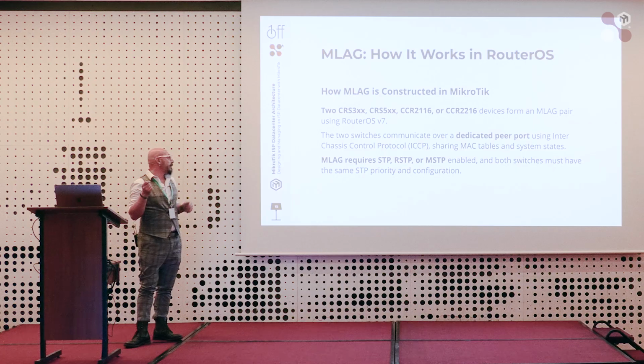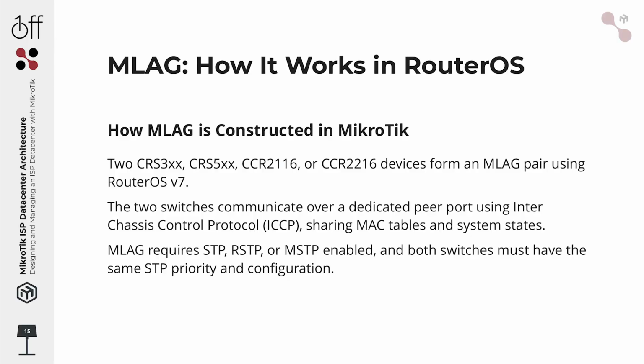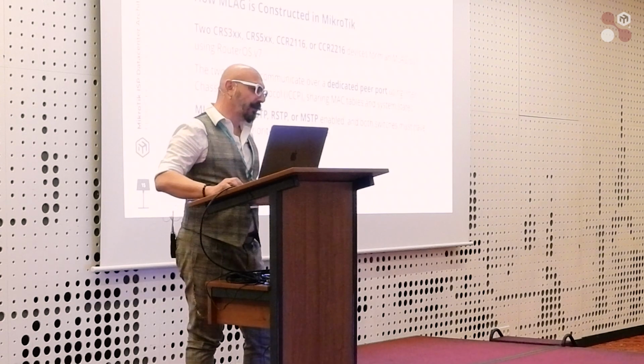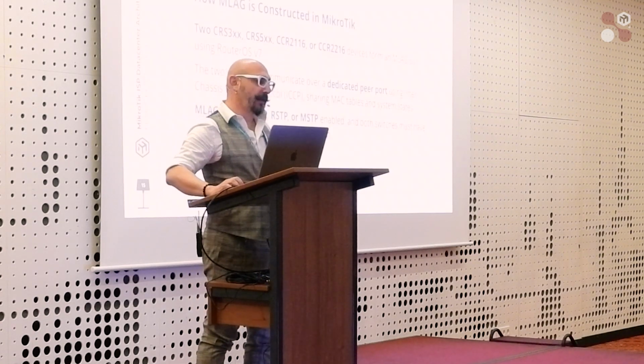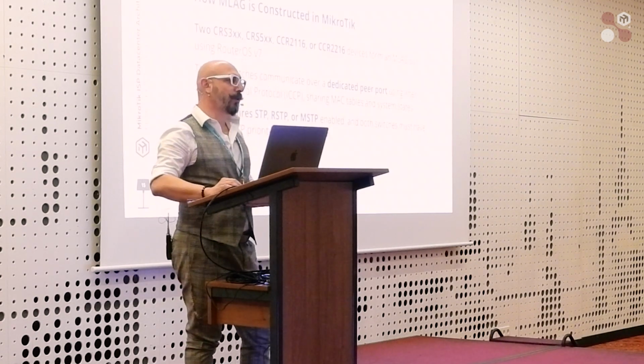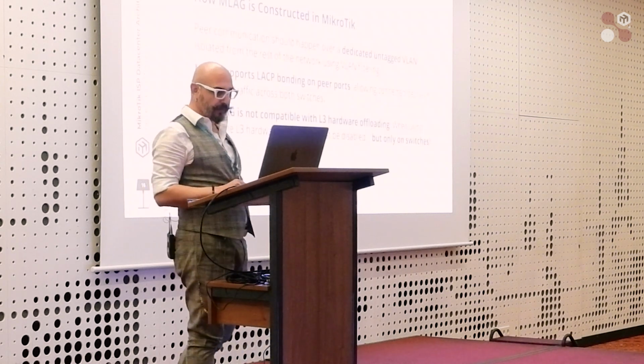MLAG requires spanning tree protocol, rapid spanning tree protocol, or better, multiple spanning tree protocol. We will show you in a later slide why multiple spanning tree protocol is so important in this configuration.